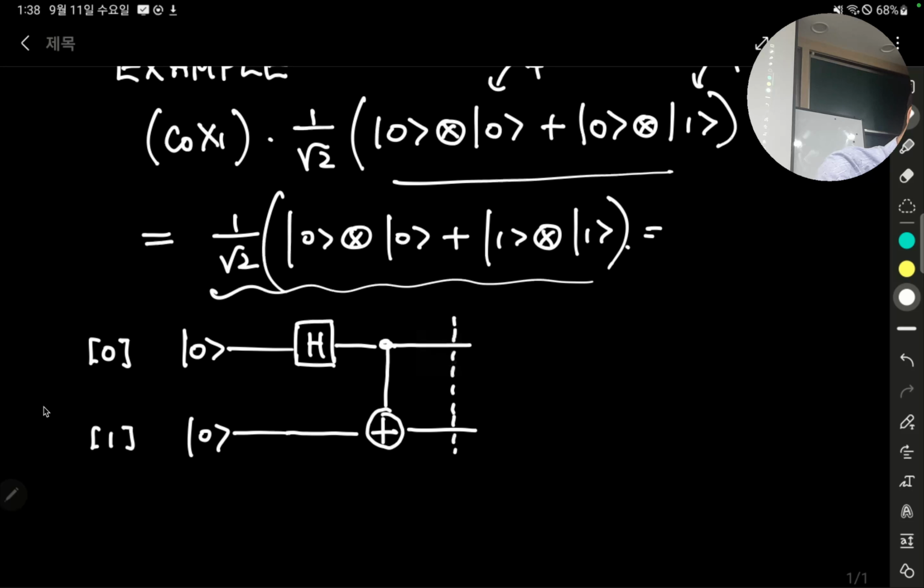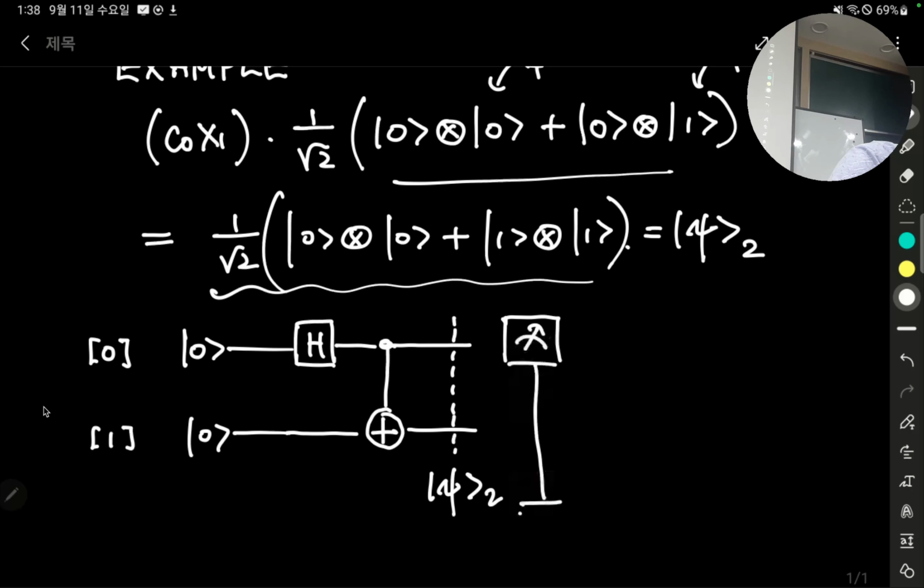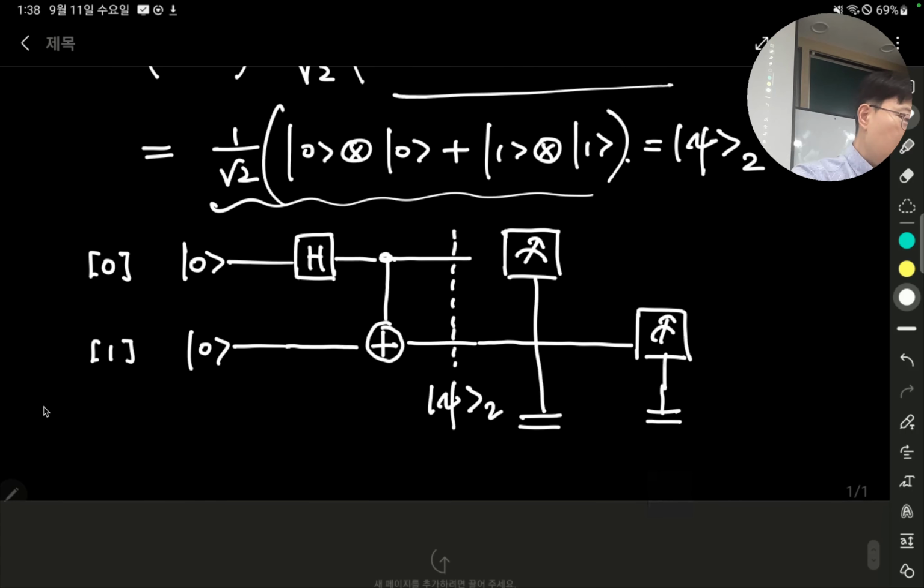So suppose I call this psi 2, then at this point, this is the state psi 2. What happens if I take a measurement on any of these qubits?